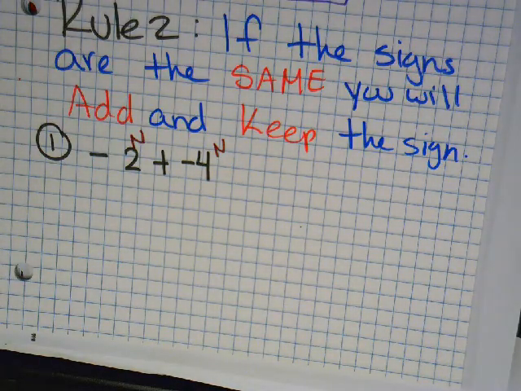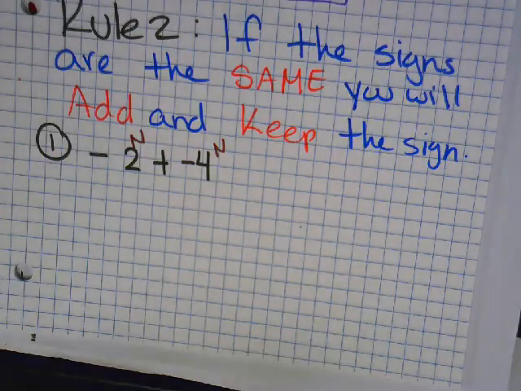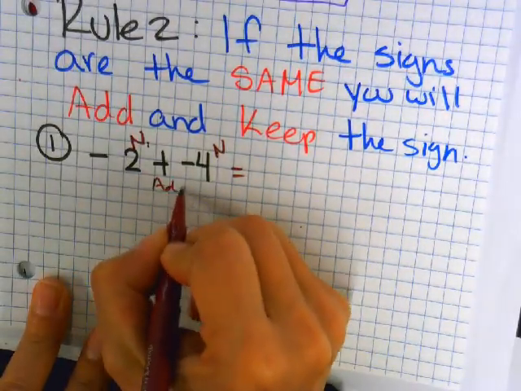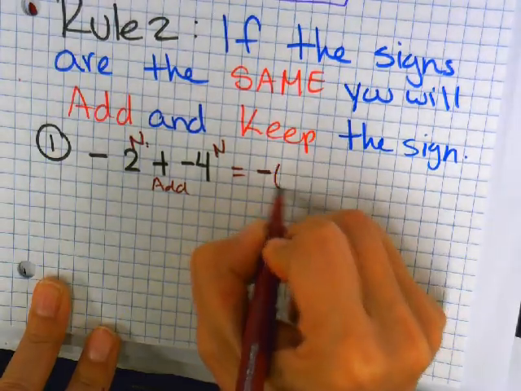Are they the same or are they different? They're the same. So am I going to add or subtract? Add, because they're the same. So we add and we get negative 6.